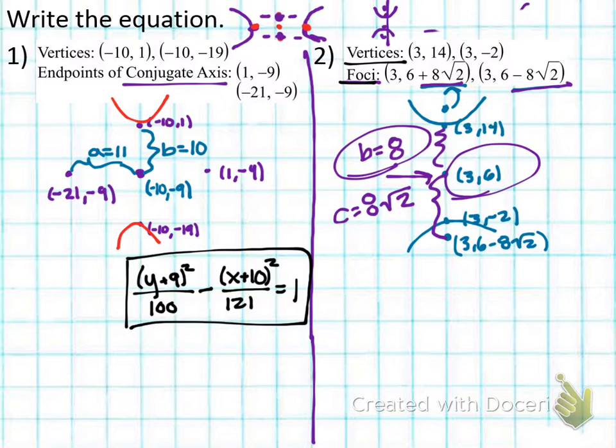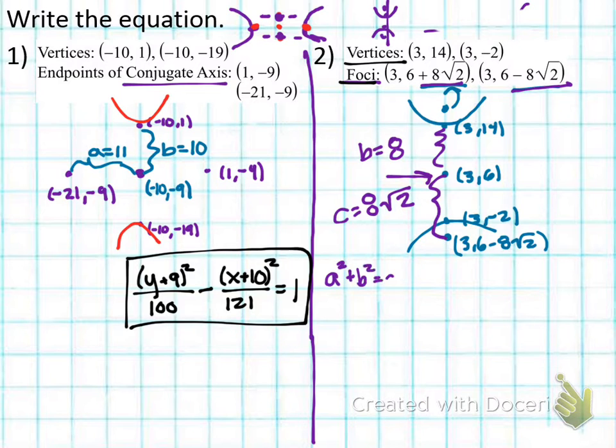It's not too difficult for me to find A. I just need to use the formula that we talked about yesterday for finding the foci. So it's going to be A squared plus B squared equals C squared. And I just plug in what I already know. I know that B is 8, so B squared is 64. And C is 8√2, so it's going to be 8√2 squared.